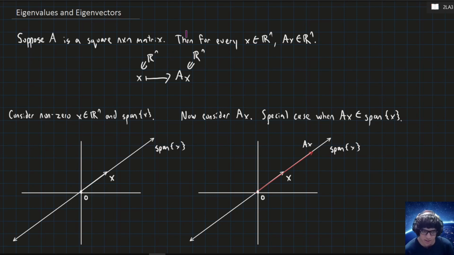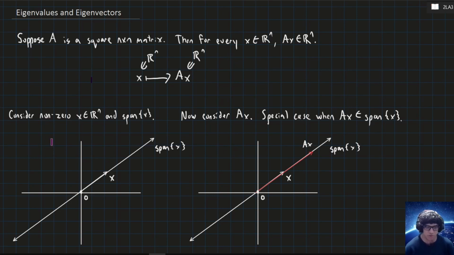And they have the nice property that if x is in R^n and I multiply A by x, it stays in R^n. It stays in the same space. So in that situation, we can do more analysis on it.